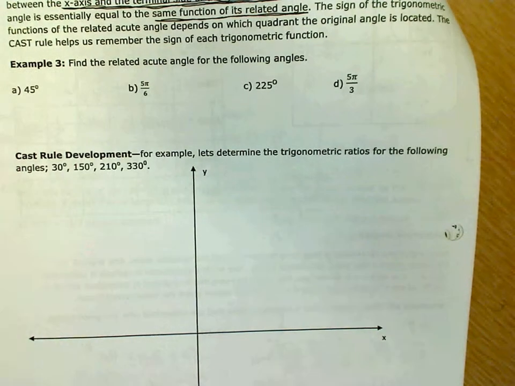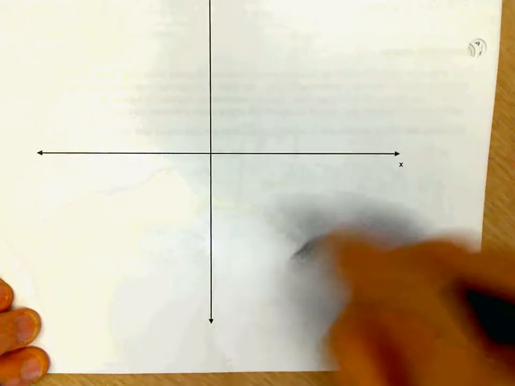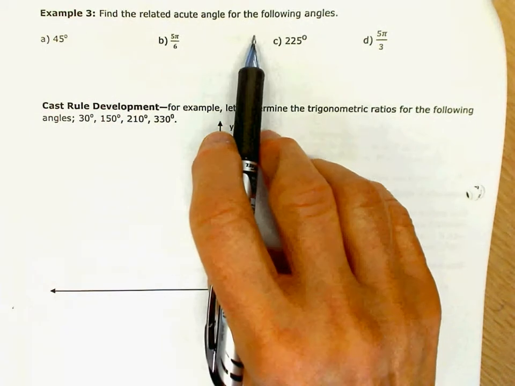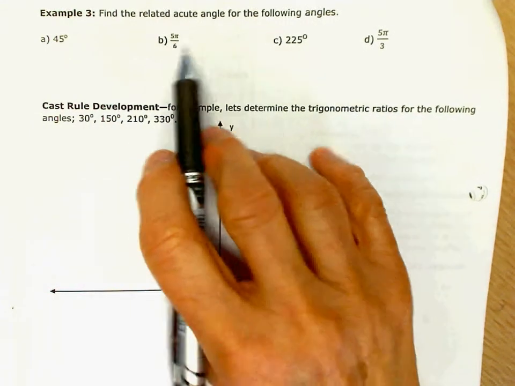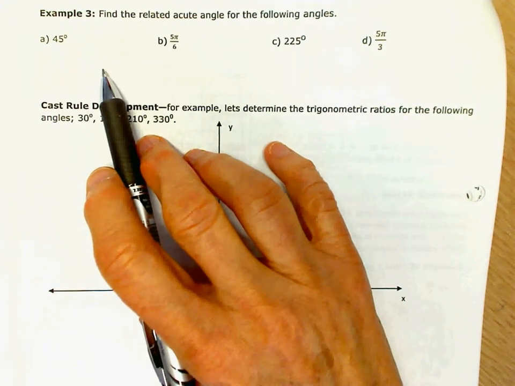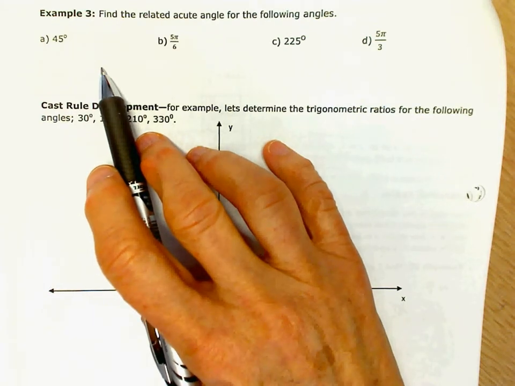So when we're trying to find the trig ratio of any angle that ends up in either the first, second, third, or fourth quadrant, it all depends on its related acute angle. So tell me, what is the related acute angle of 45 degrees? Can anyone tell me what the related acute angle is?